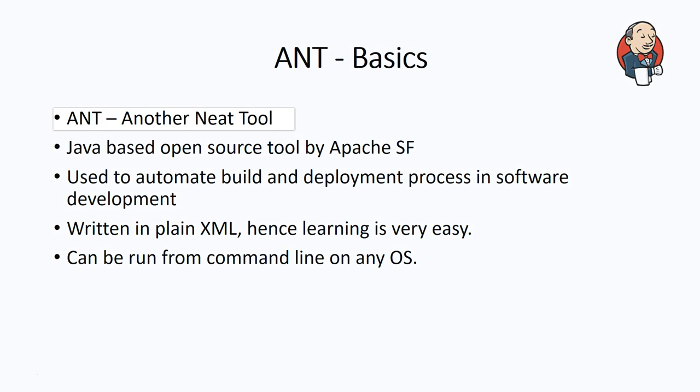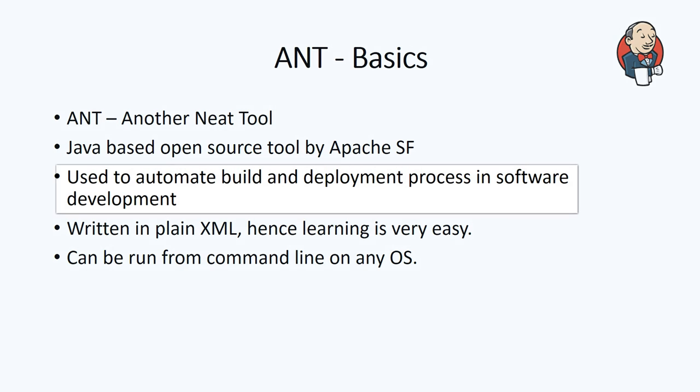Ant stands for Another Neat Tool. It is an open source Java-based build tool provided by the Apache Software Foundation and freely distributed under the GNU license. Ant automates the entire build process in that it is not just limited to compilation of code, but rather packaging, testing, and a lot more.